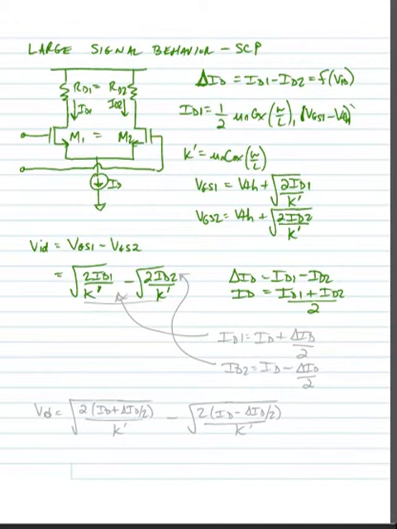So we could substitute the following into this expression: ID1 is equal to ID plus delta ID over 2, and ID2 is equal to ID minus delta ID over 2. So we're going to substitute these two currents into the expression we just derived.